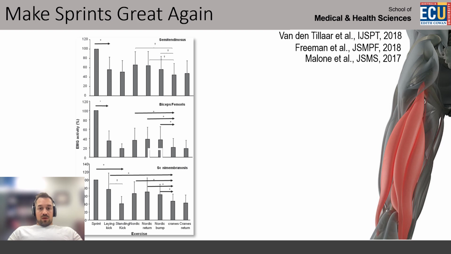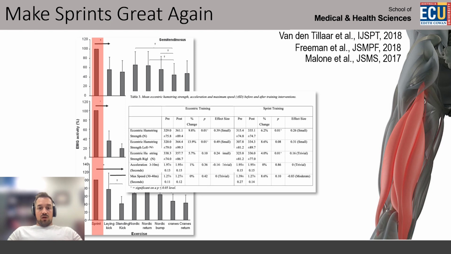And another big topic with sprints is the fear of hamstring injuries. However, if we want to make our athletes as resilient and robust as possible, sprints or the exposure to maximum sprinting velocities are most likely a good tool. And it has been demonstrated that sprints elicit the highest EMG activity compared to your typical hamstring exercises for all hamstring muscles.